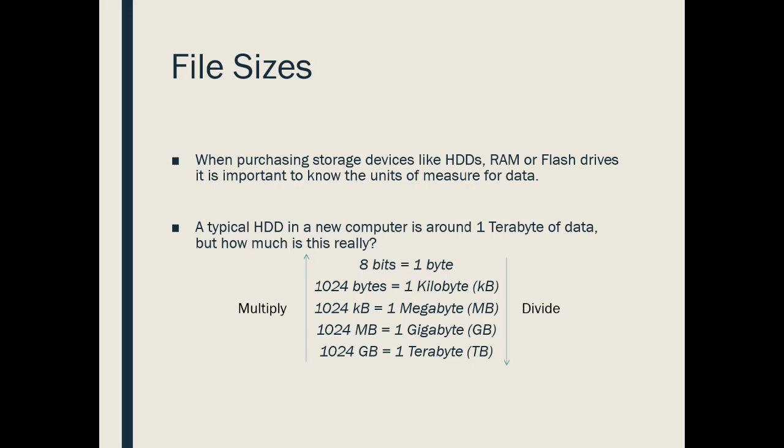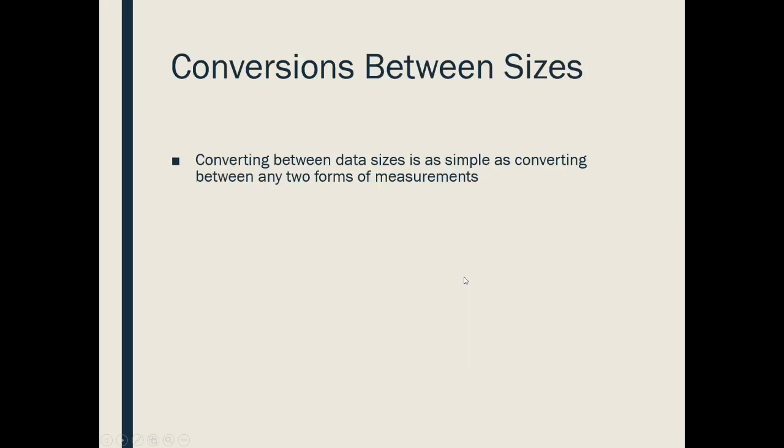And how much do you multiply or divide by? Well, that just matters between which ones you're going. If you're going between bytes, kilobytes, or anything like that, you're always going to be multiplying by a factor of 1024. However, if you're ever going from bytes to bits or bits to bytes, it's going to be by a factor of 8 because of this unit right here, 8 bits in a byte.